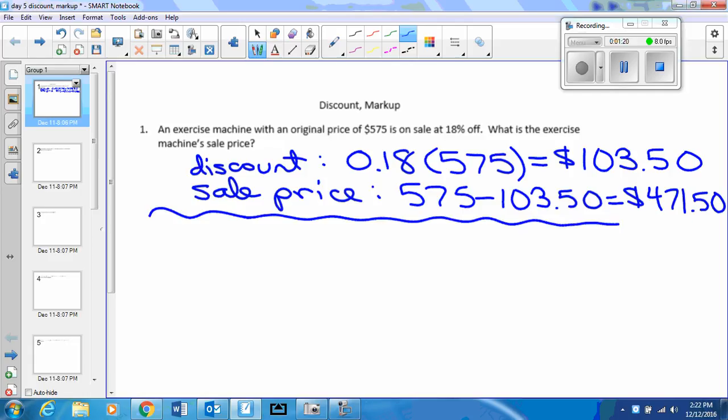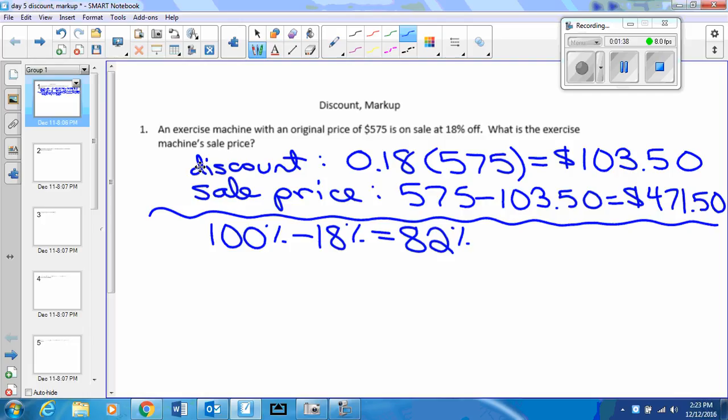The other way to do it is to think in terms of percents. If you save 18%, to figure out the percent you're paying for, you subtract 18% from 100%, and you have to pay for 82%.